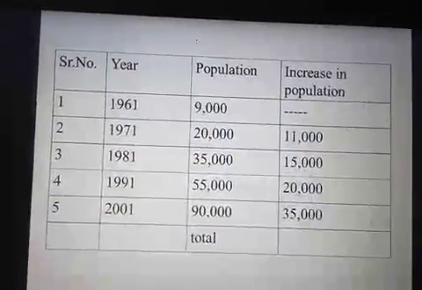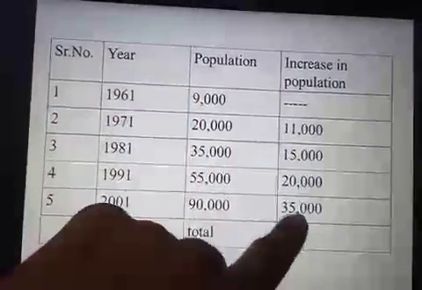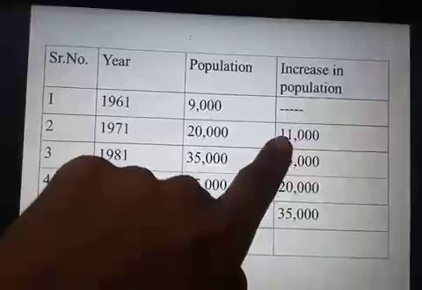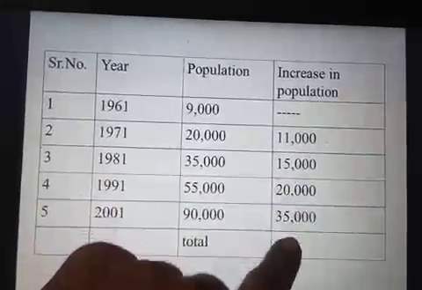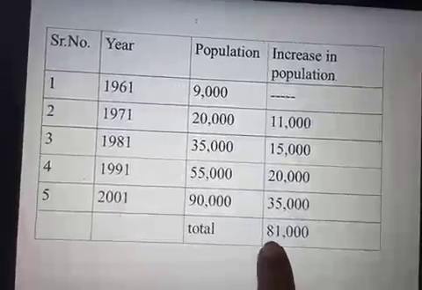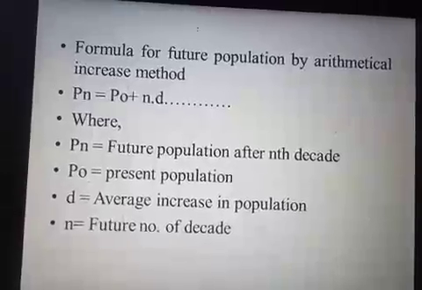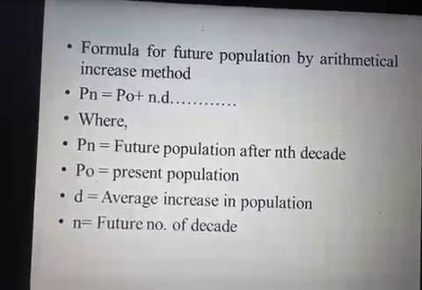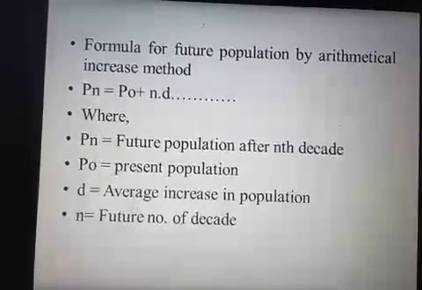Next step, make addition of these four values: 11,000 plus 15,000 plus 20,000 plus 35,000. The total will be 81,000. The formula for future population by the arithmetical increase method: Pn equal to P0 plus n into d.